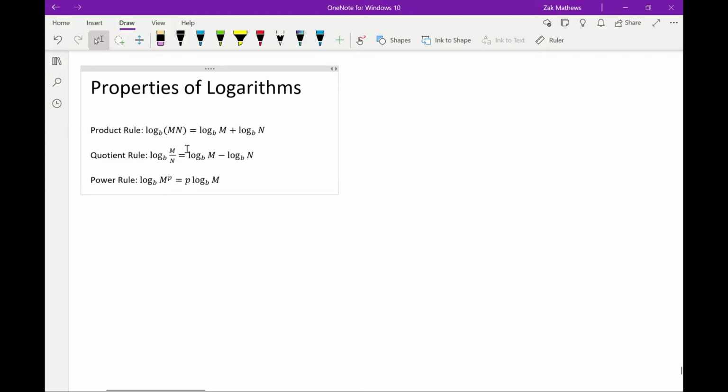So if we think about rules of exponents, if we have an exponential expression like b to the m power, and we multiply it by b to the n, we can write that as a single term by writing it as b to the m plus n.